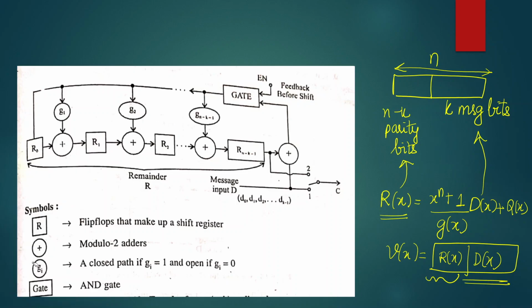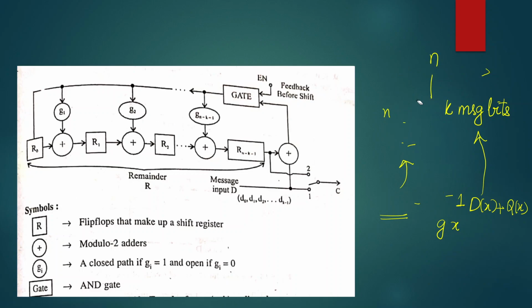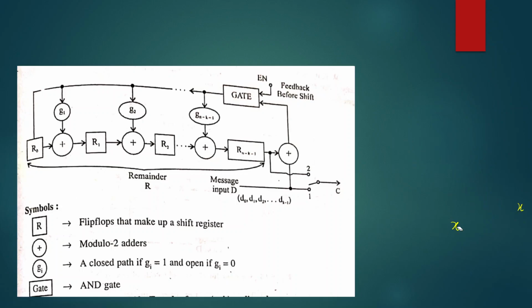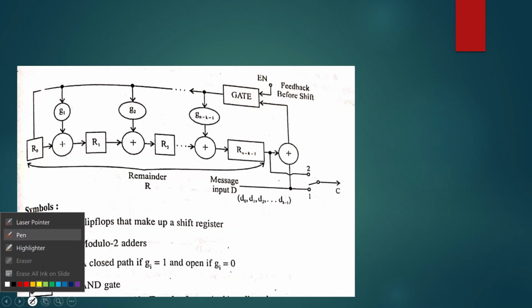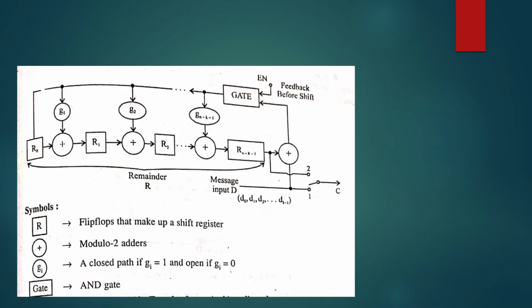We are going to look at the circuit which does this process. The circuit consists of shift registers and a few logical gates. You can see over here the shift register is formed by R0, R1, R2, up to R(n minus k minus 1).